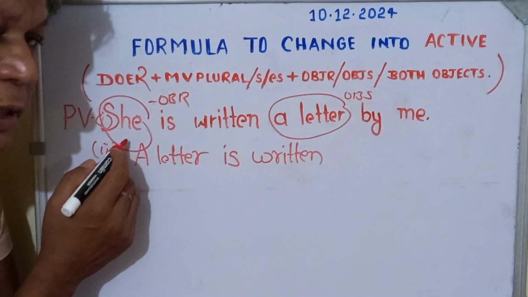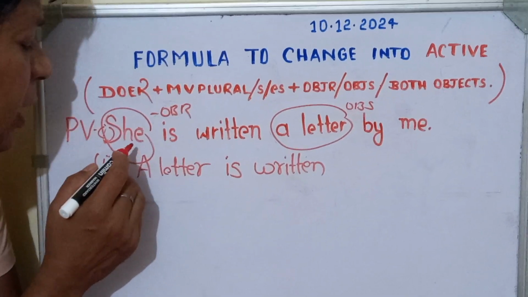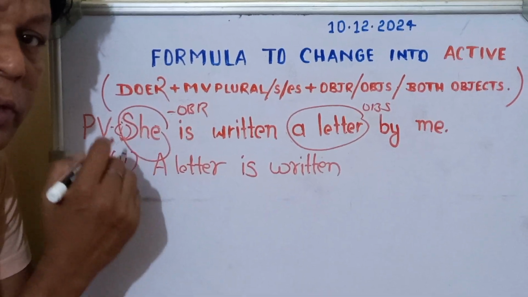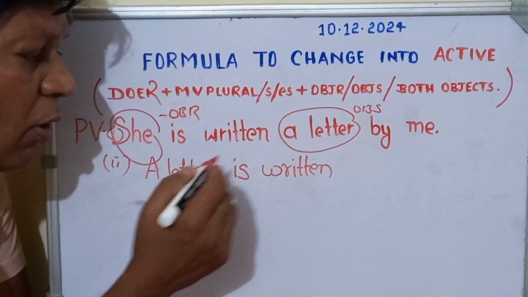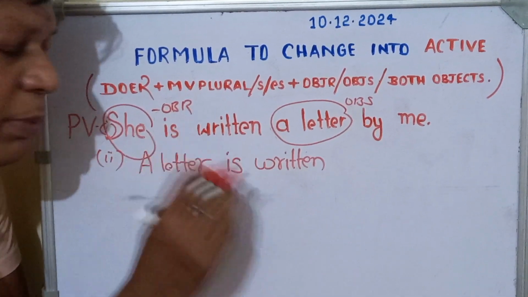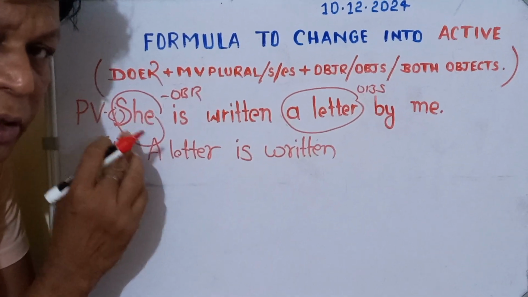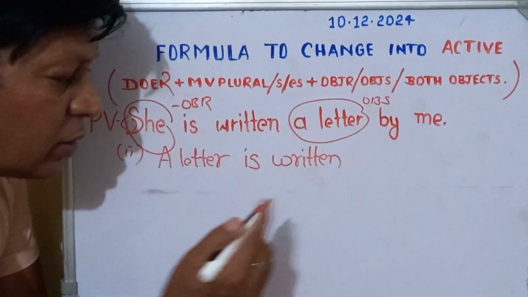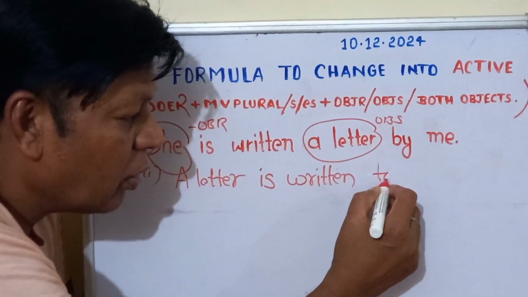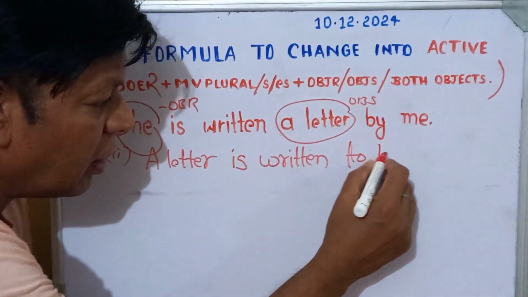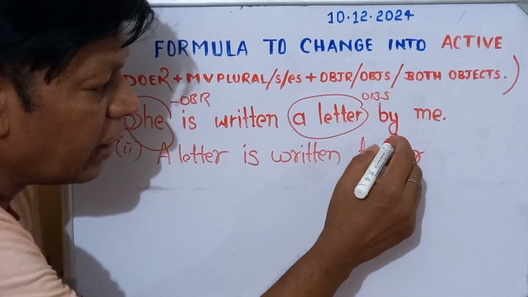Because she is a receiver object and she is in subjective case, we will change subjective into objective, then objective of she will be her, and because this is receiver, we will use preposition to before receiver object her, and after that as.